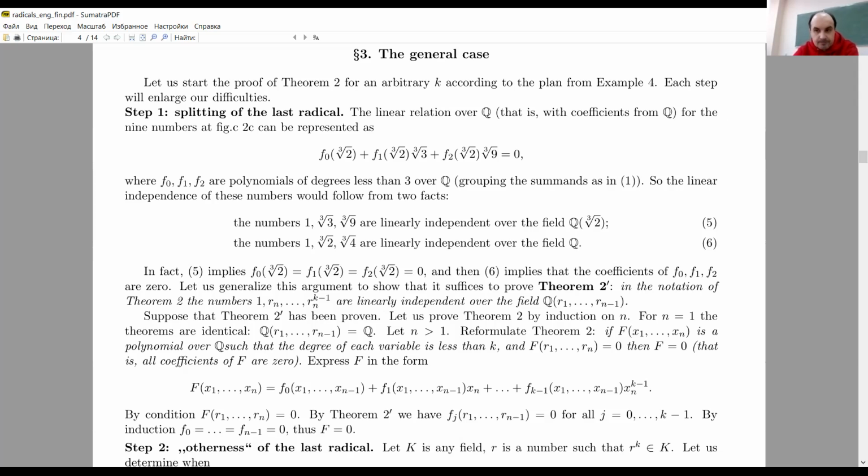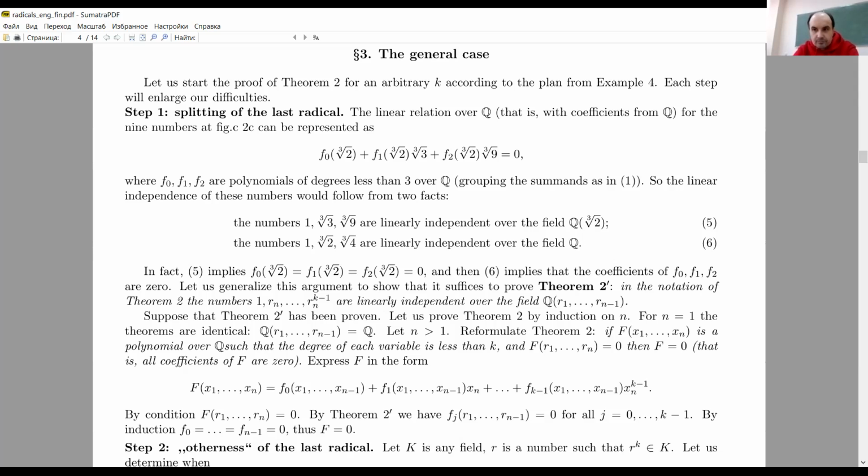You see it's quite a technical proof. We rewrite an arbitrary linear combination of our products of radicals, more precisely, as a polynomial of the last radical, and use a simple induction.